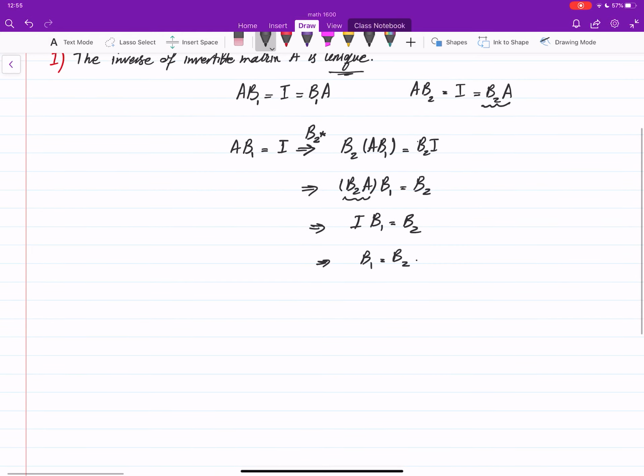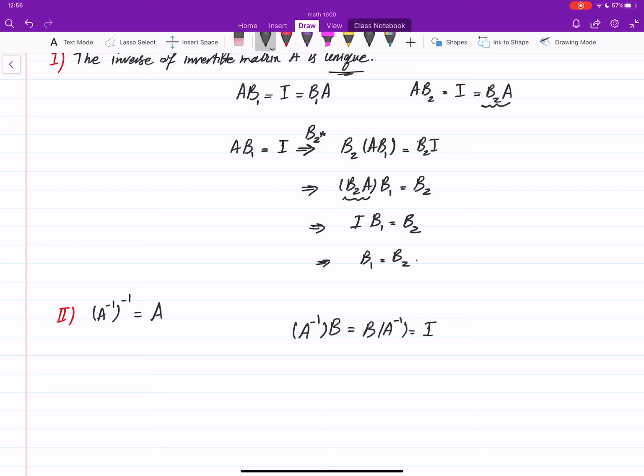Okay. The second property is that the inverse of an invertible matrix is invertible. So A inverse is invertible, and its inverse is A itself. This is very interesting: the inverse of A inverse is a matrix that, when you multiply it from left and from the right, you get the identity matrix.